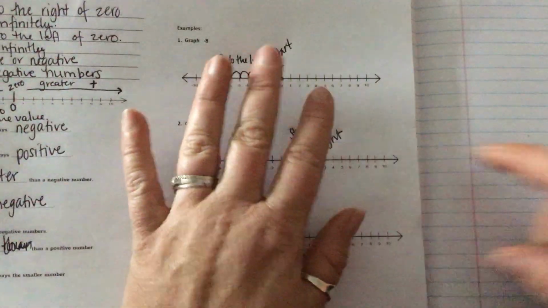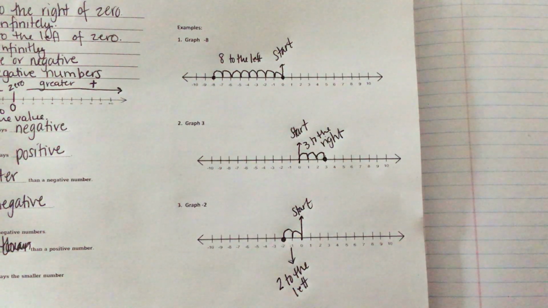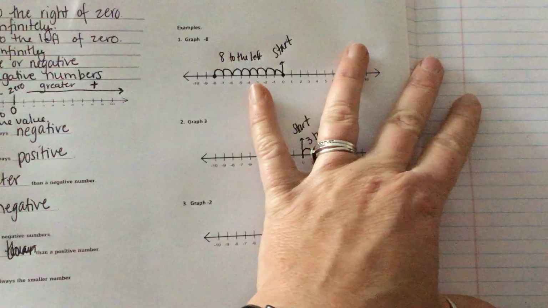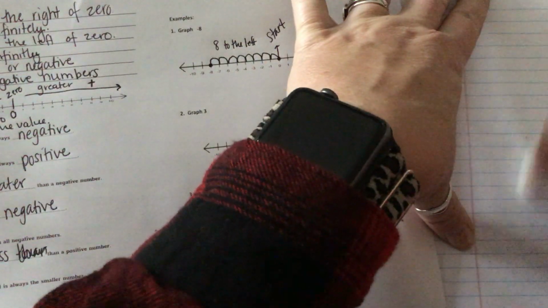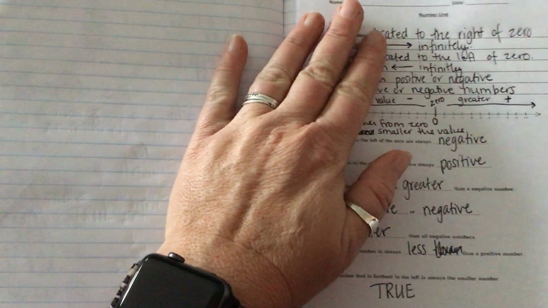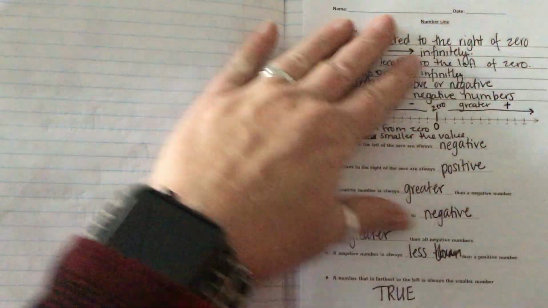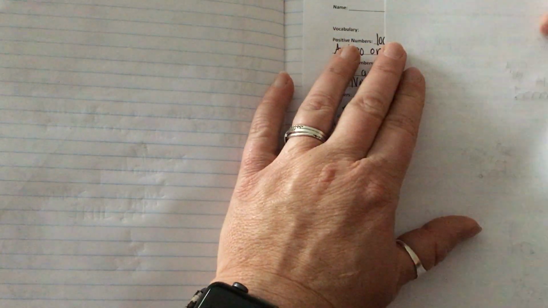All right, so this, remember, should not be on the right side because you started with your pre-assessment on the left side, sorry. So this is going on your right side.